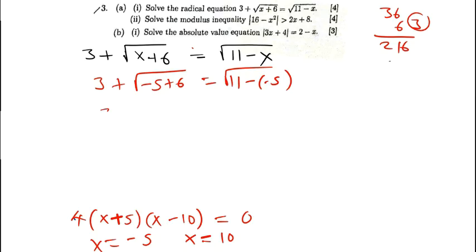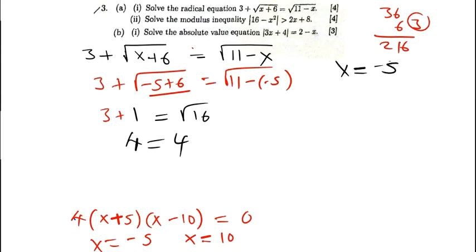So we have 3 plus negative 5 plus 6 is a 1, so root of 1 is a 1, and then the other side 11 plus 5 is going to be a 16, so root of 16. So you can agree that 4 is equal to 4. So x is equal to negative 5 is actually a solution.